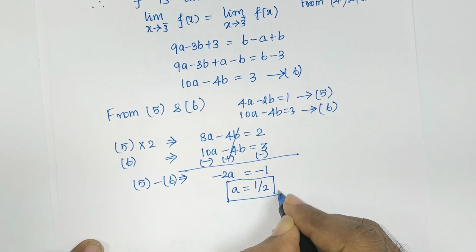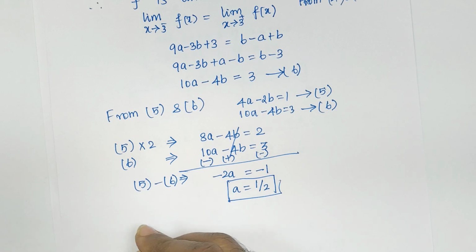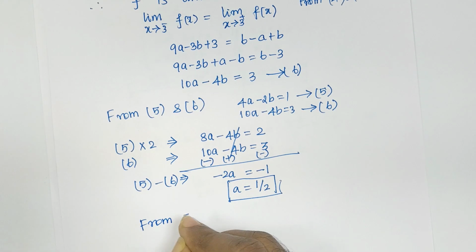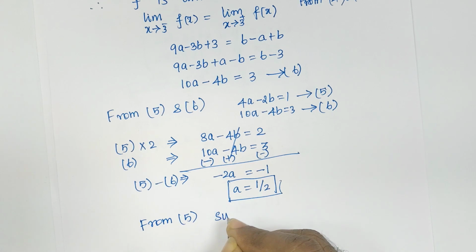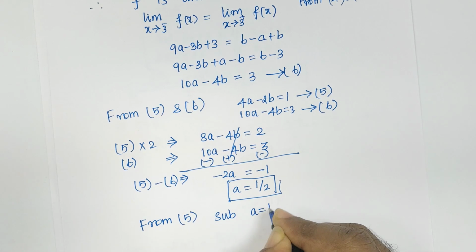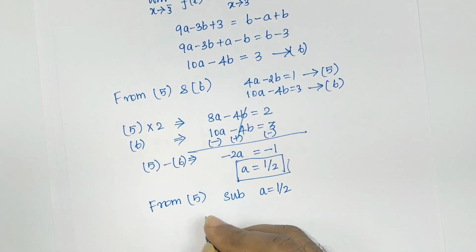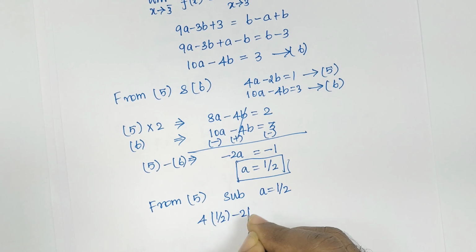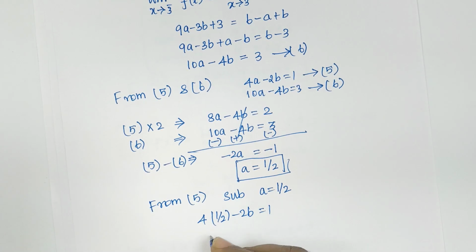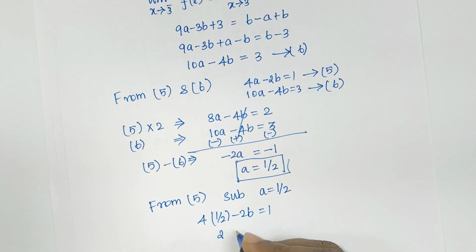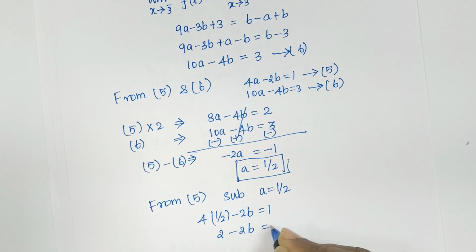From equation 3, substitute a equal to 1 by 2. So 4 into 1 by 2 minus 2b equal to 1. 4 by 2 is 2, so 2 minus 2b equal to 1.